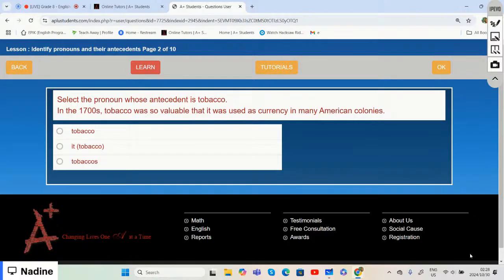Is it option one, option two, or option three? If we were to choose the correct pronoun, we would say it.